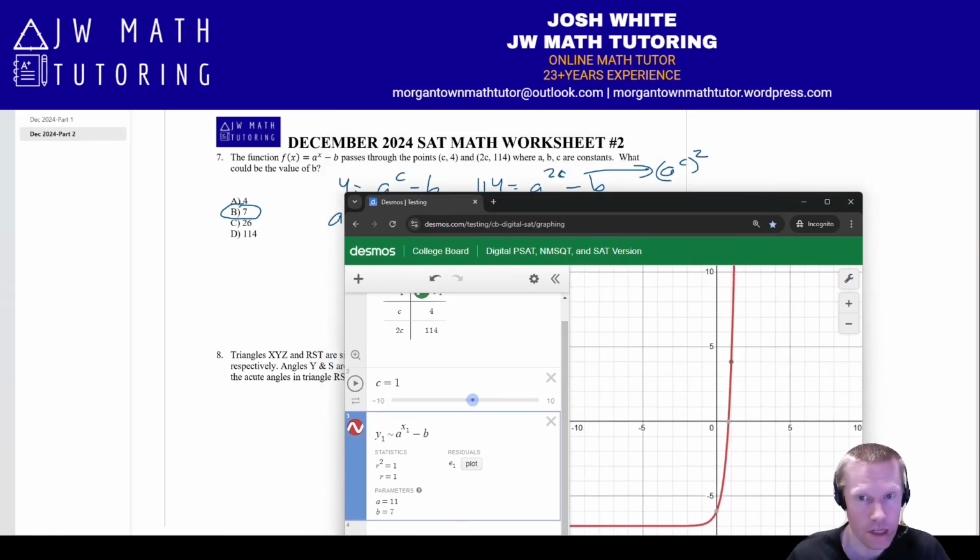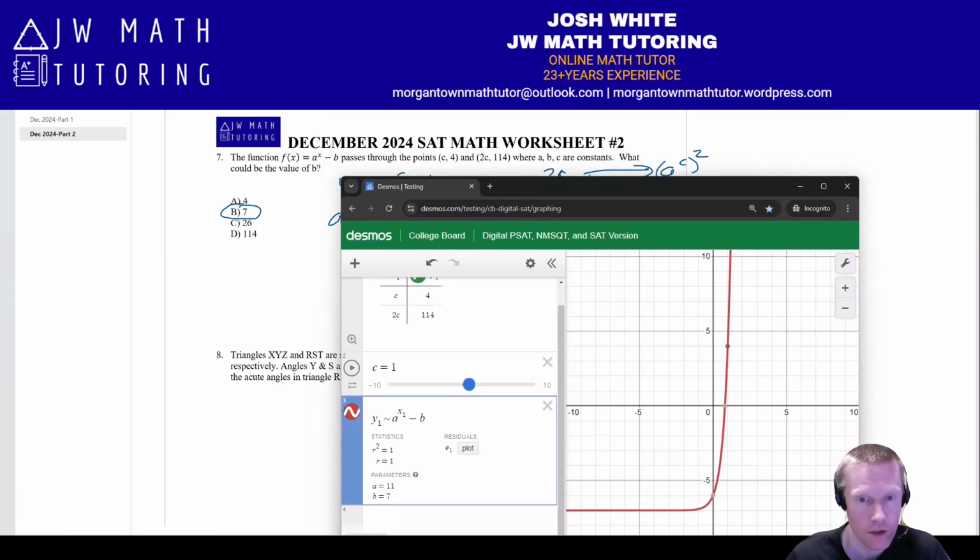Notice what's going to happen here is as I move the C value, the value for B does not change. It stays fixed at 7, okay? It does not move to any other number. The A value obviously changes, the shape of the graph changes, but the y-intercept does not change. Now, if we move it to numbers between 0 and 1, same thing still happens.